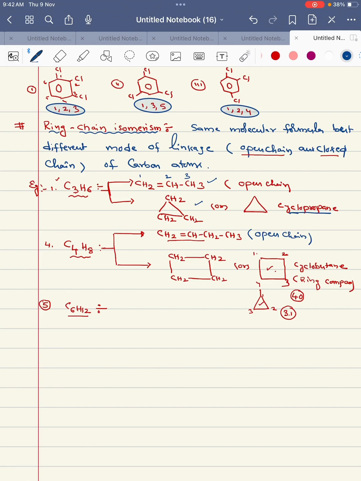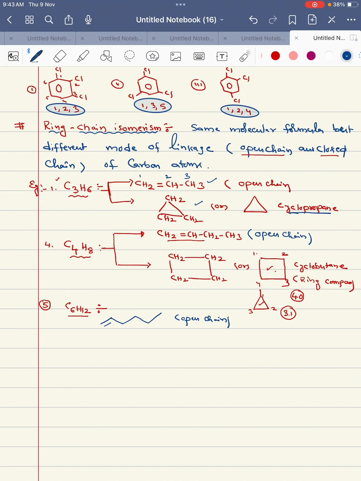Tell me, guys, is the given compound an alkane or alkene? In a simple way, 6 twos are 12, the exact number of hydrogens. So first of all, it is an alkene open chain, with 1, 2, 3, 4, 5, 6 carbons. You can write the double bond either here, at the second position, or here. Now it is one of the open chain compounds.